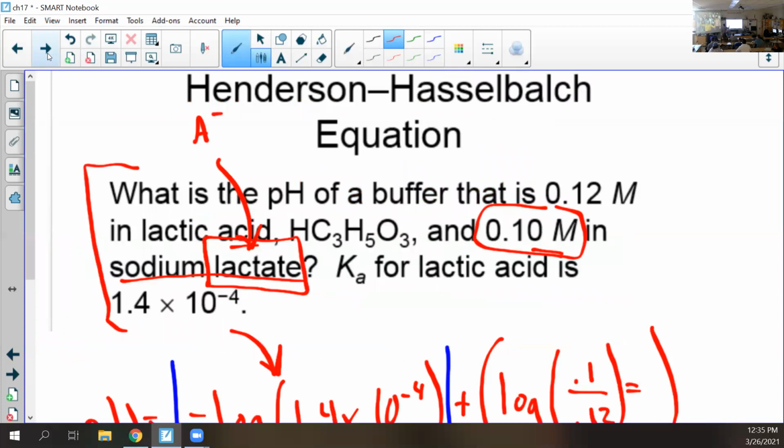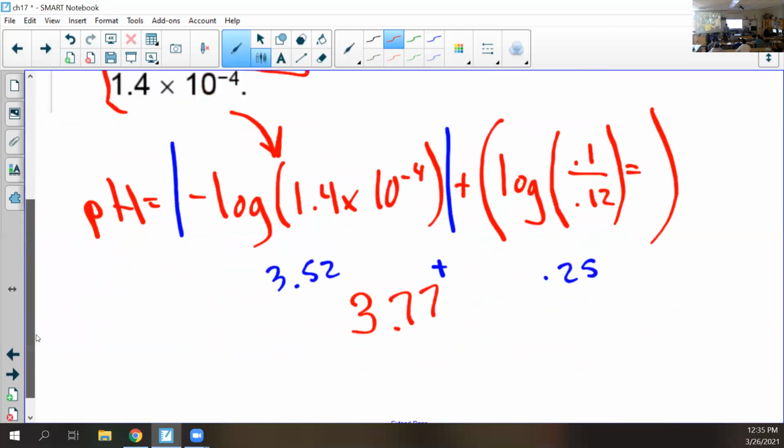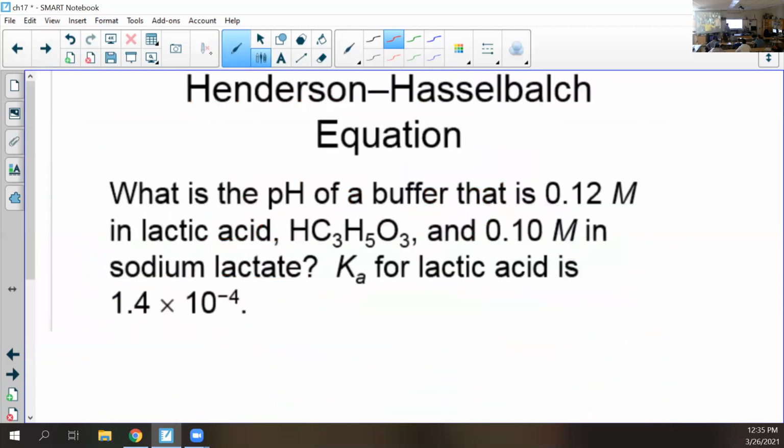So we want the following. Let me make sure I remember how to do this before I do it. Okay, it's easy. It wants to know what is the pH of a buffer that is 0.012 M, so molarity, in lactic acid.